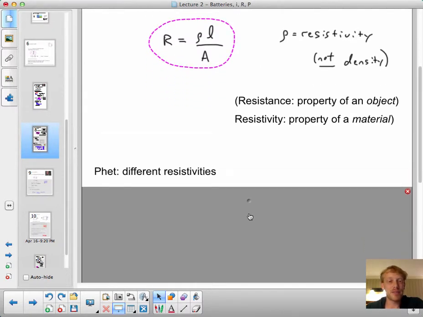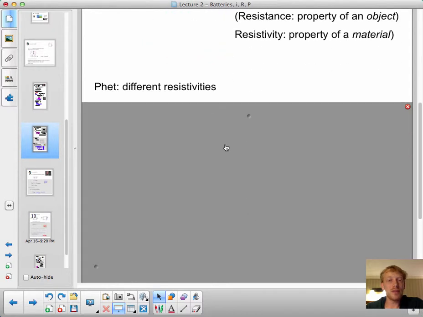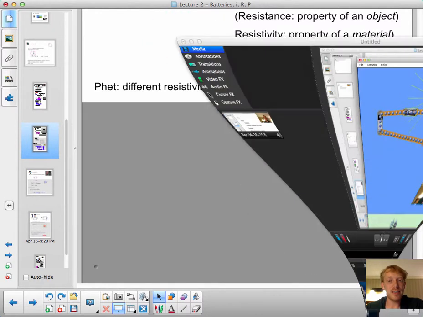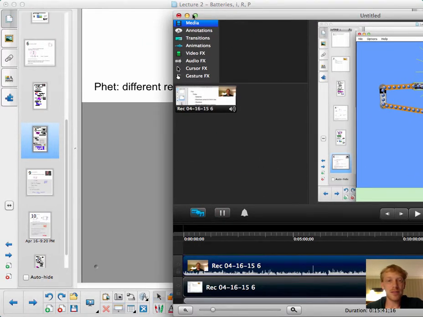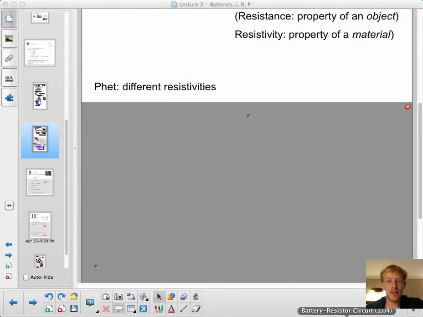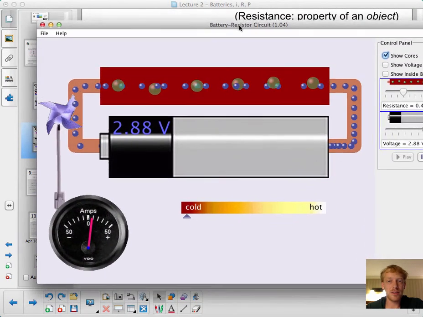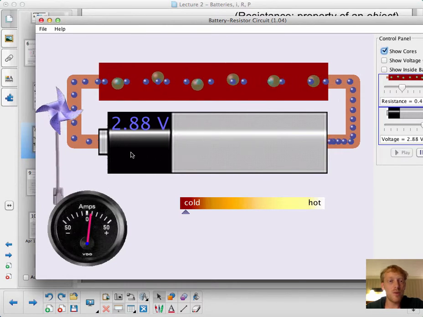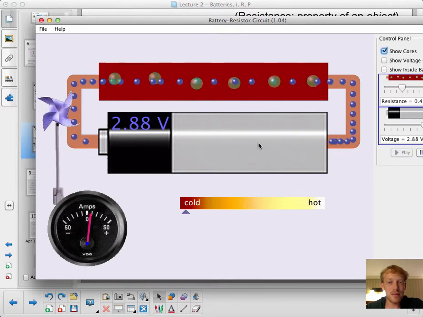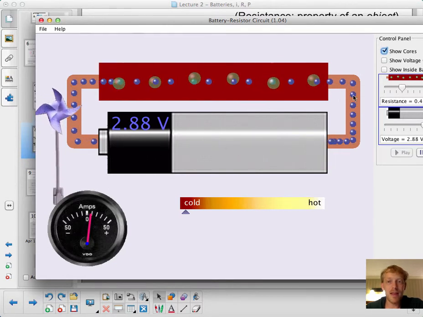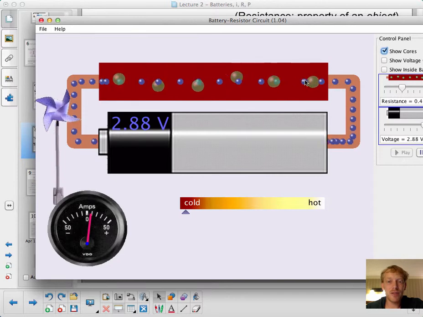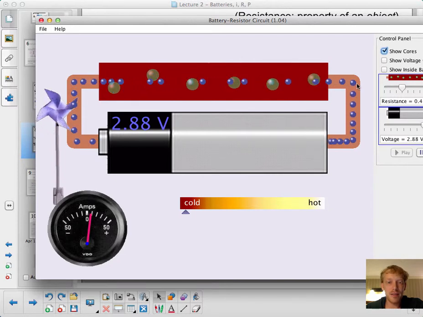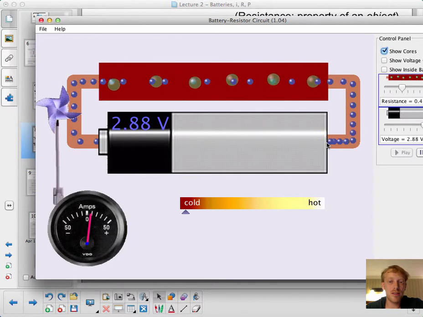Okay. So let me give you a little simulation of what it looks like to have materials of different resistivities. This is the one that I want. Okay, so what's going on here? We've got a battery, and electrons are flowing through the battery from the positive terminal to the negative terminal.